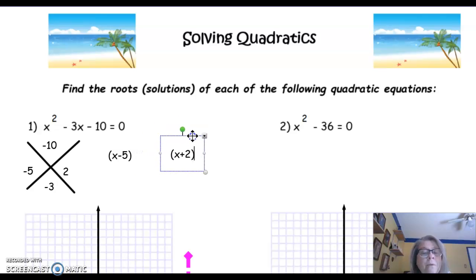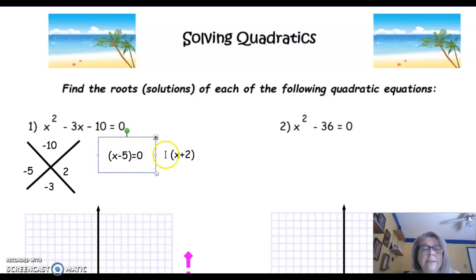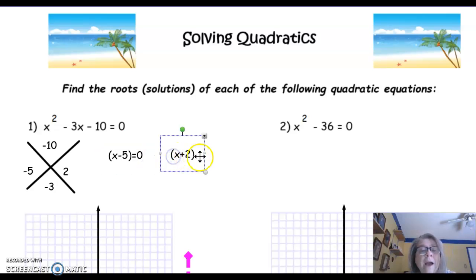So you're going to see that I have two factors, x minus 5 and x plus 2. The only extra step we do is we just set each of these equal to 0 because I want to find out when y is 0. So this will sit on that x-intercept. That's basically what we're doing. So then I'm going to switch to my pen here.